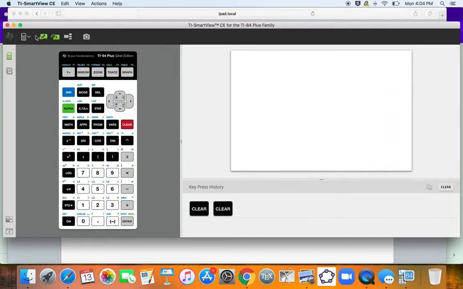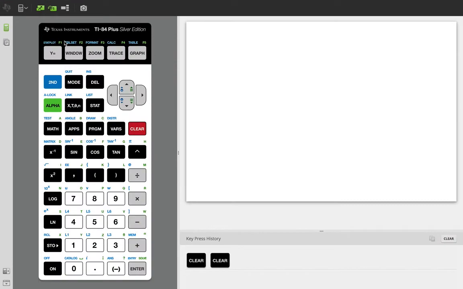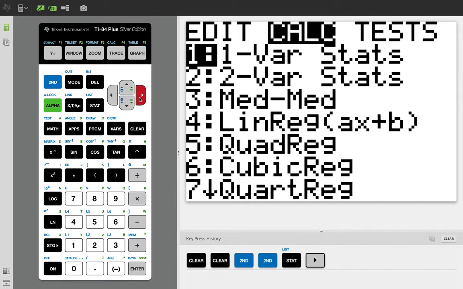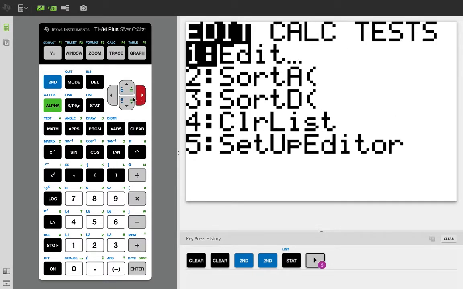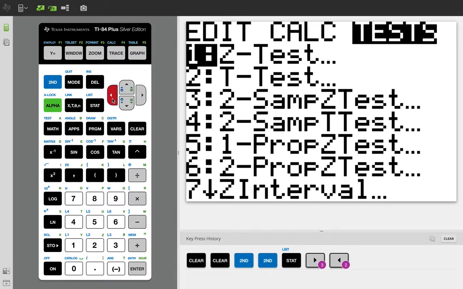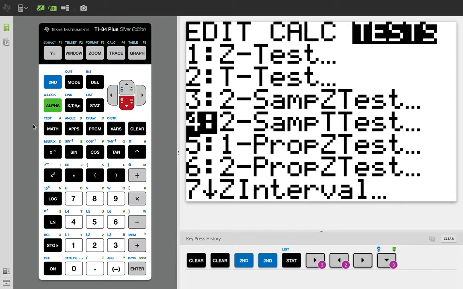Over here. Second. Stat tests rather. What we want is a two sample t-test.